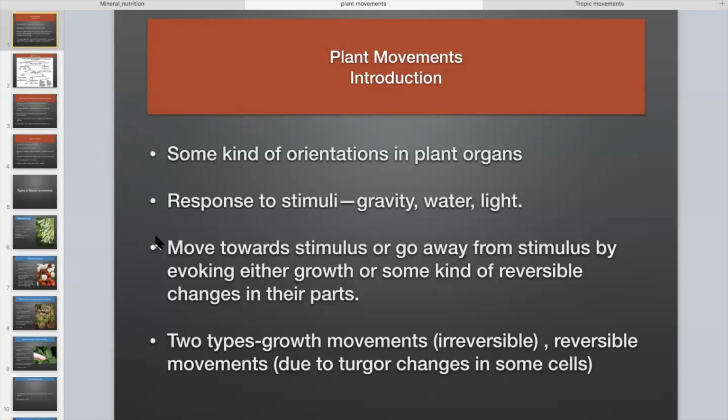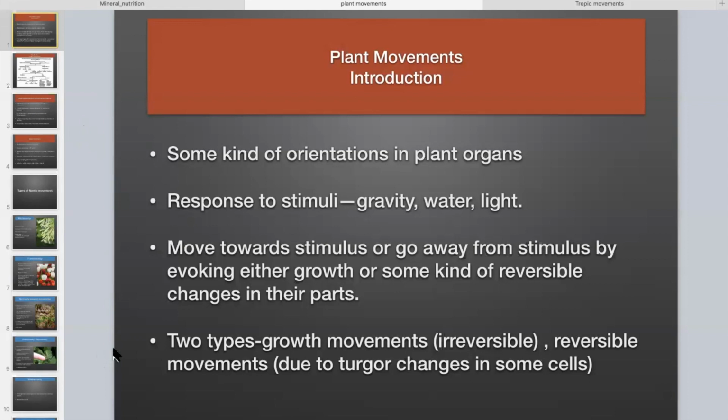In plant movements, first of all, I'm going to introduce this topic to you and try to understand what movements are seen in plants. Basically, there are some kinds of orientations in plants. Orientation means moving towards any point.